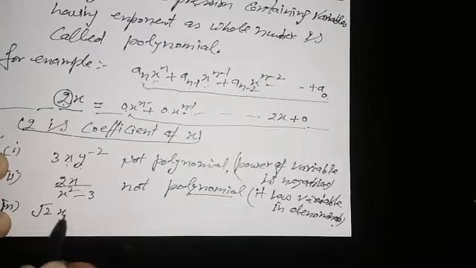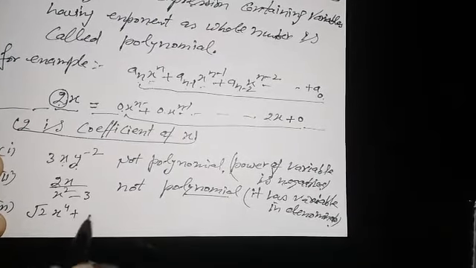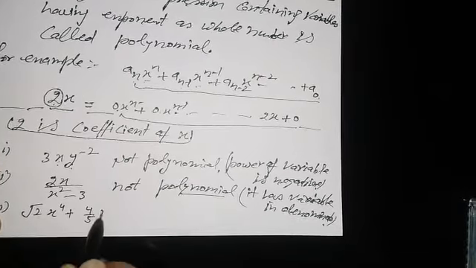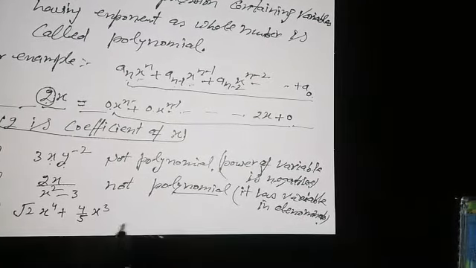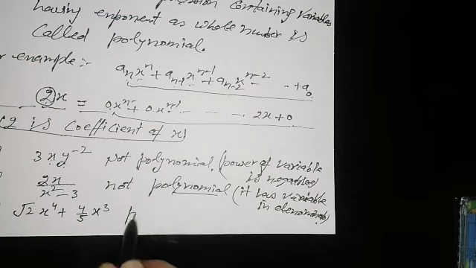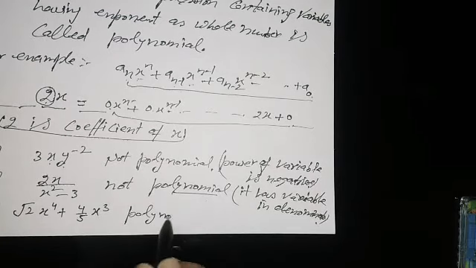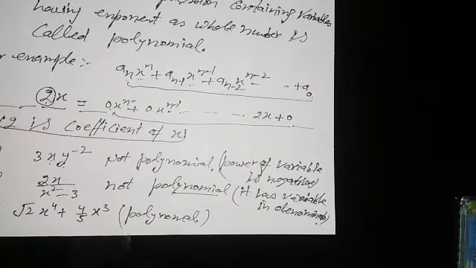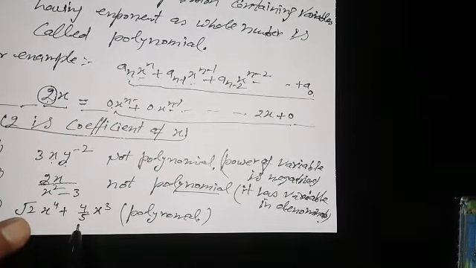Root 2x^4 plus 4 by 5 x^3 is polynomial. Yes, polynomial. As I told, this coefficient may be any number.